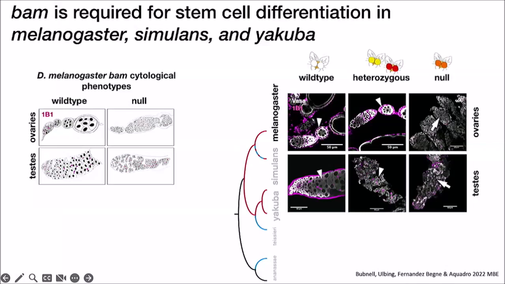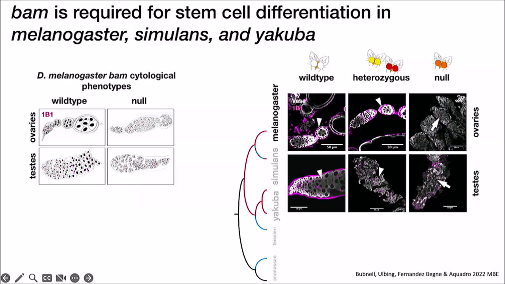We also looked at additional species, simulans and Yakuba, and importantly, we see it not only in terms of fertility, but also in terms of cytological phenotype. Unlike the wild type or heterozygous, which show lots of differentiating cells, the nulls have only tumorous ovaries.